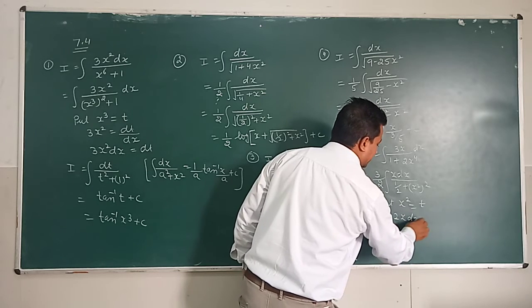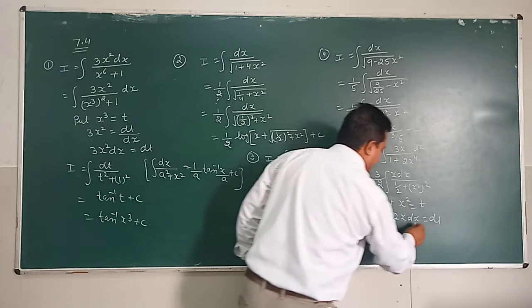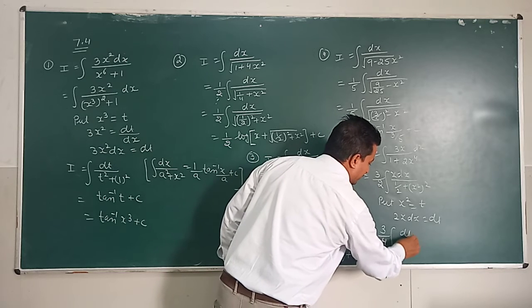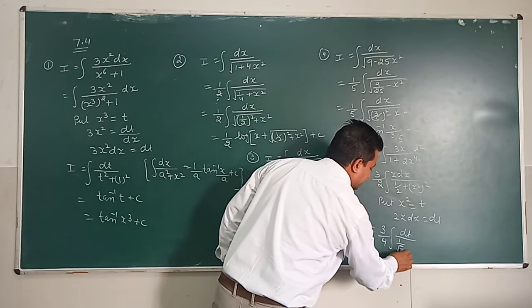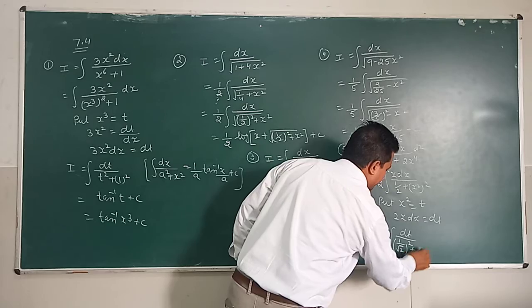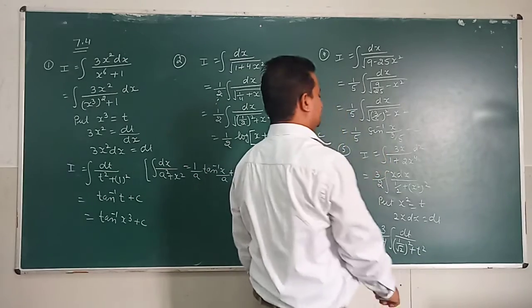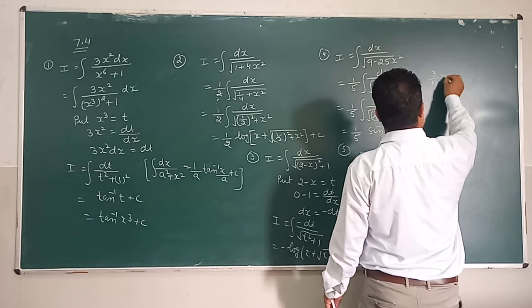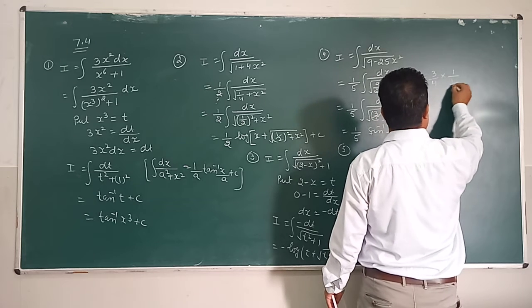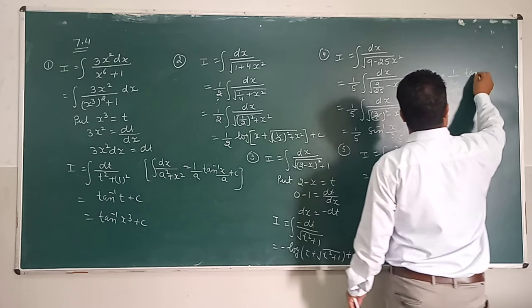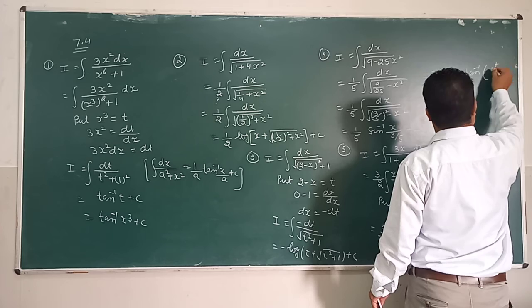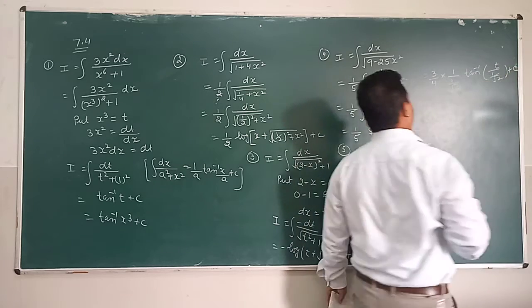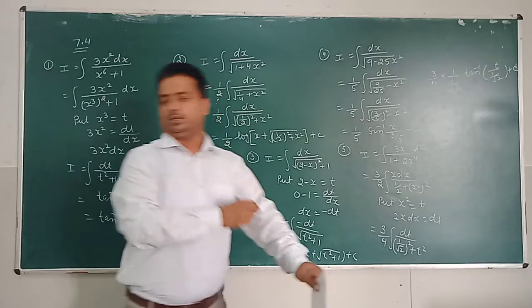So 2x dx equals to dt. x dx is dt upon 2. This is 3 by 4 dt upon the expression. Write this as 1 upon root 2 square plus t square. So this is the formula of 1 upon a tan inverse, where a is 1 upon root 2. This is the formula. So put the value of t, you will get the answer.